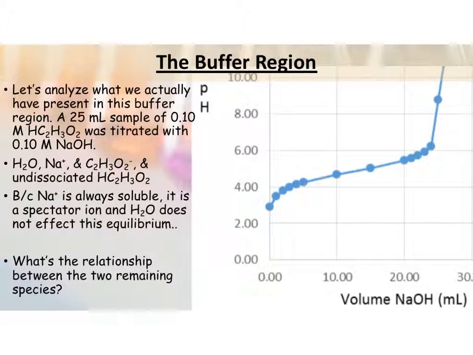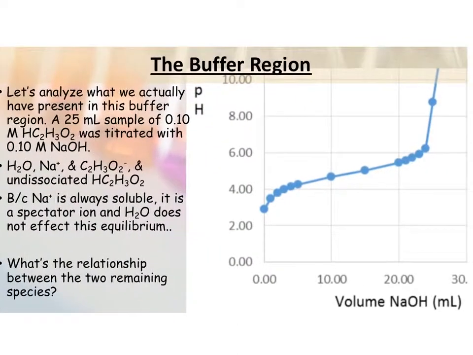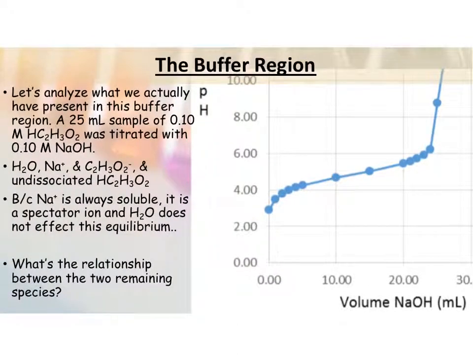All right, so remember again that buffer regions, we find buffer regions when we're titrating a weak acid with a strong base. And so in this region, basically what we have is some undissociated acid.